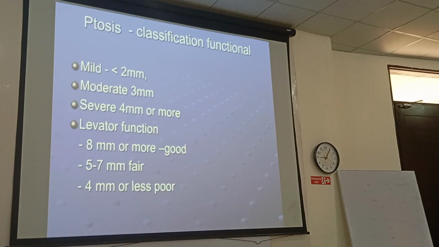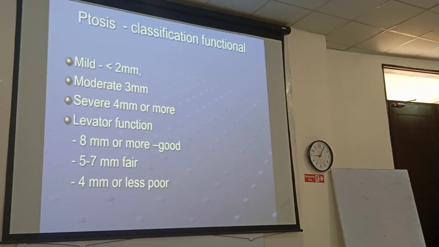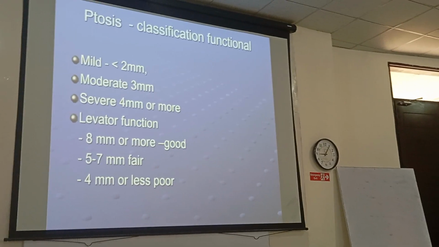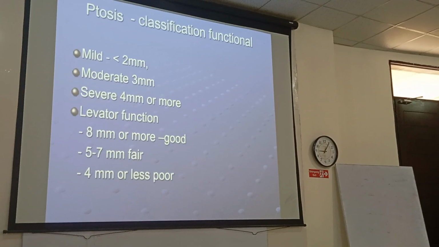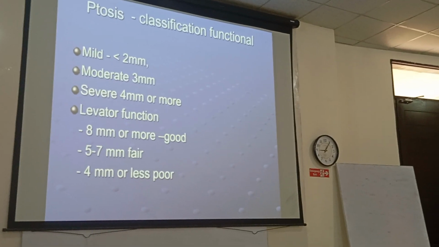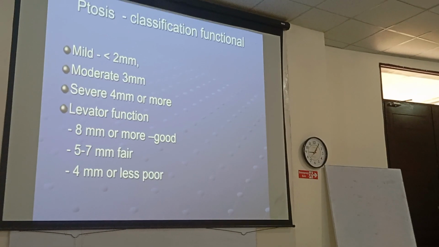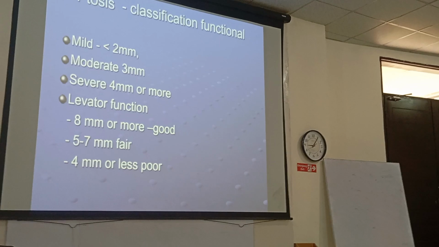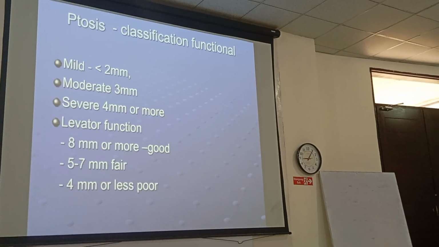Fair is also not normal, but if it is 8 millimeter but less than 15 millimeter, it means it is still functional, and we can adopt a surgical procedure in which we can manipulate the levator muscle. But still it is less than the normal. Normal is always more than 15 millimeters.